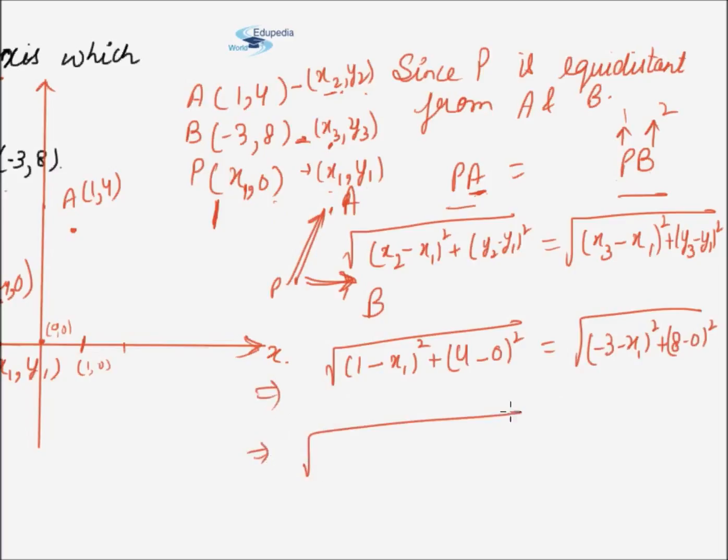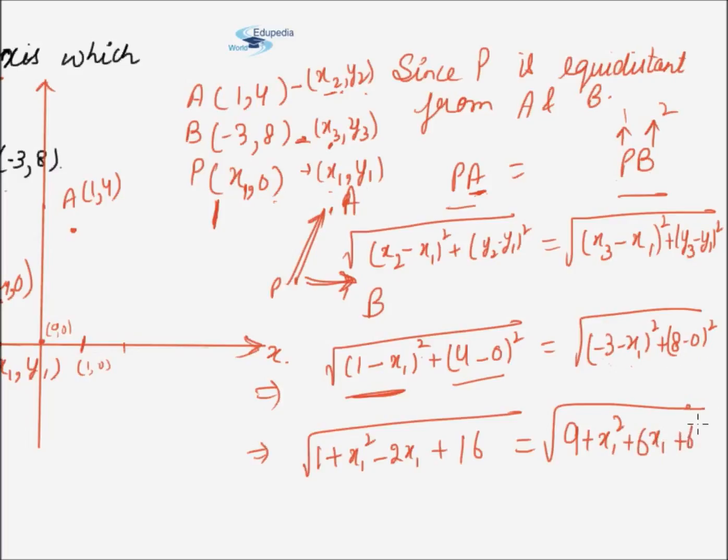So all in all we have 1 plus x1 whole square, minus 2x1 on simplifying this square, whereas for this term we have 4 square which will be 16, is equal to minus 3 square which will be 9 and minus x1 square which can be simply written as x1 square, and plus 2 into minus 3 into minus x1 which will be 6x1, plus 8 square which will be 64.